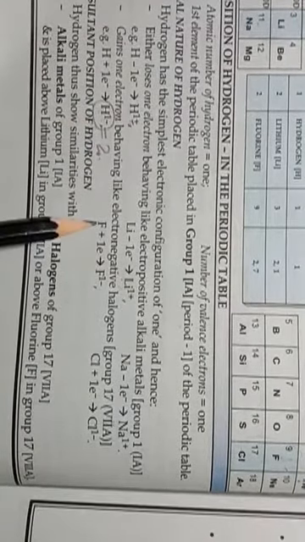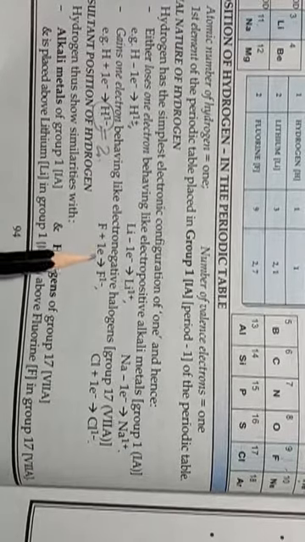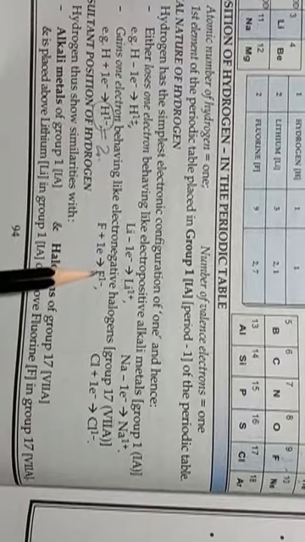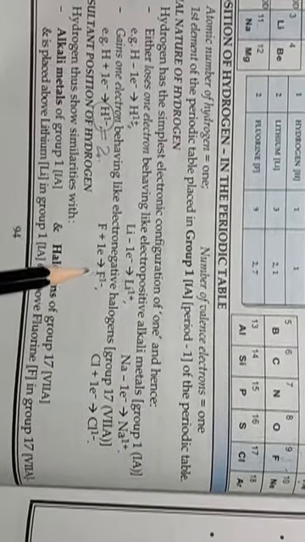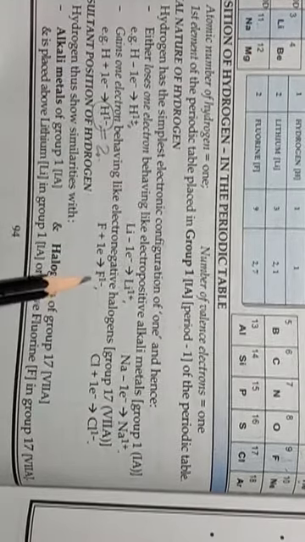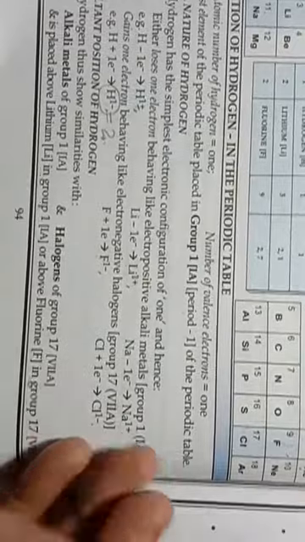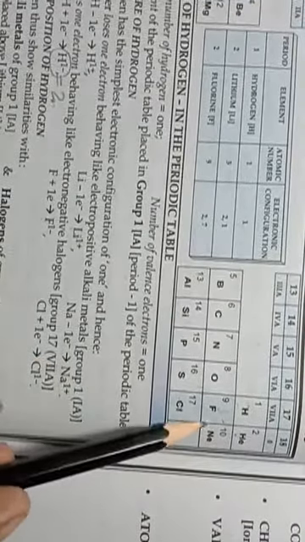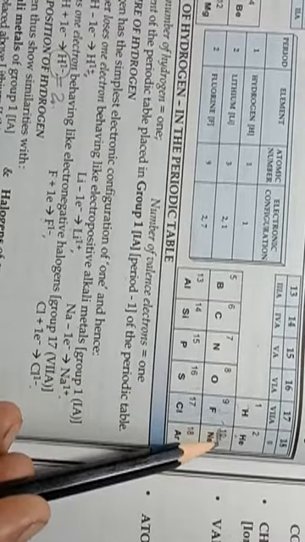Fluorine also gains one electron and converts itself into fluoride ion, and in this way it completes its total 10 electrons and achieves the configuration of the nearest noble gas, neon, which has 10 electrons.